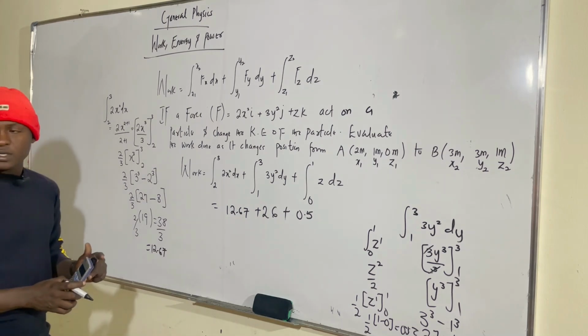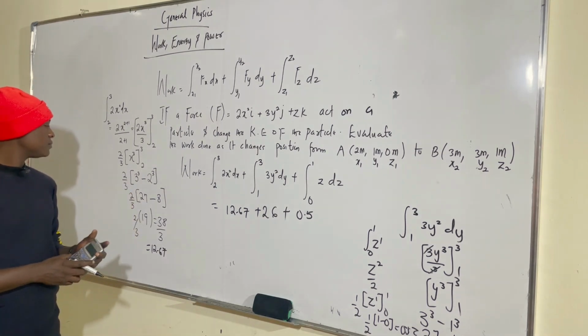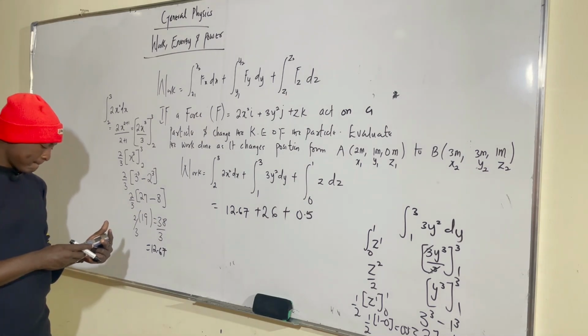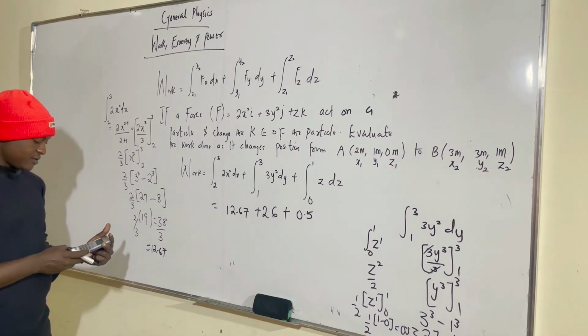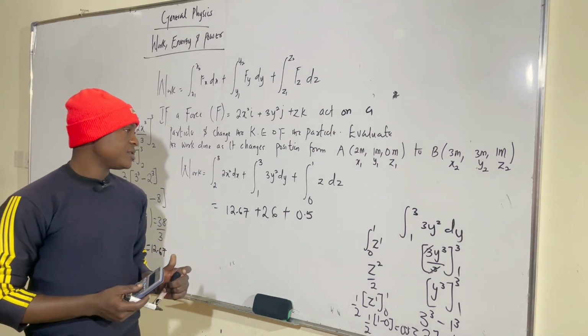If there's any error from here, divided by 3, 12.67, then plus for the second point that we have.